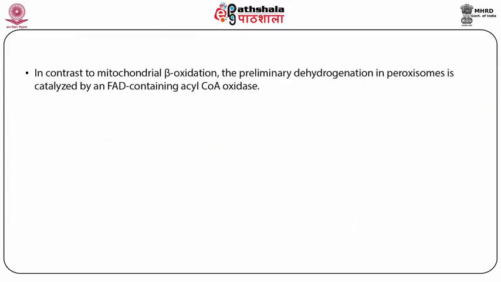In contrast to the mitochondrial beta oxidation, the preliminary dehydrogenation in peroxisomes is catalyzed by an FAD containing acyl-CoA oxidase.